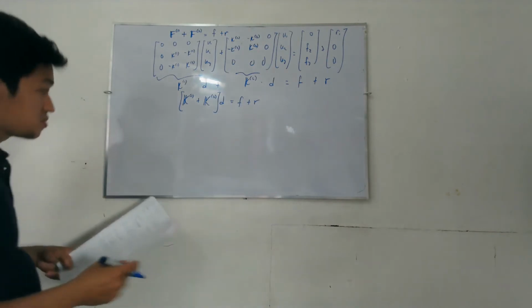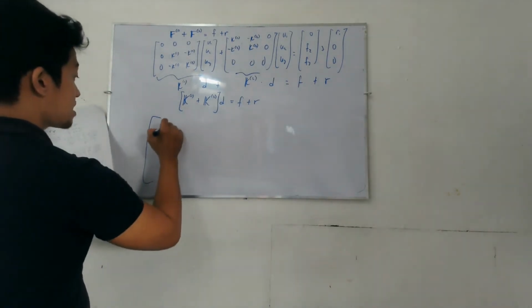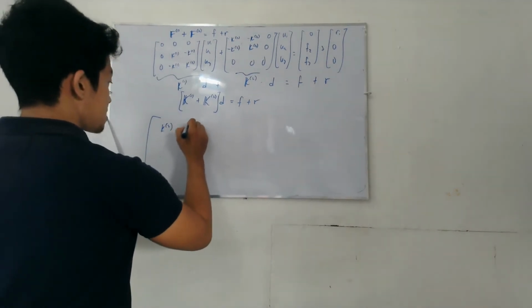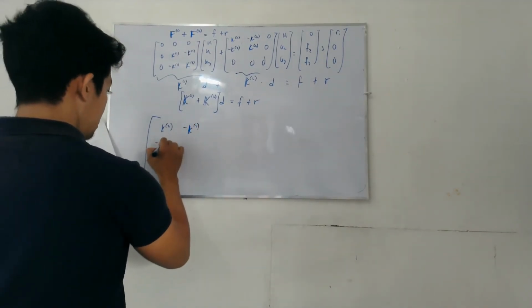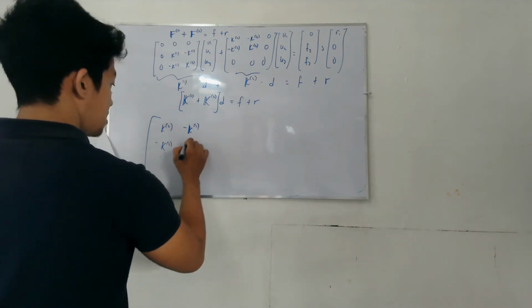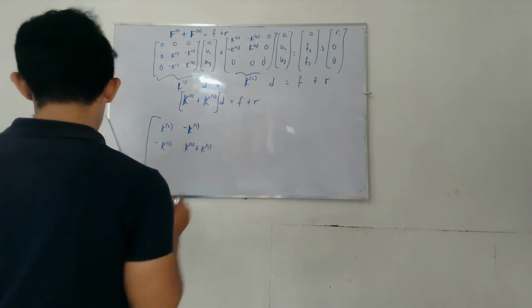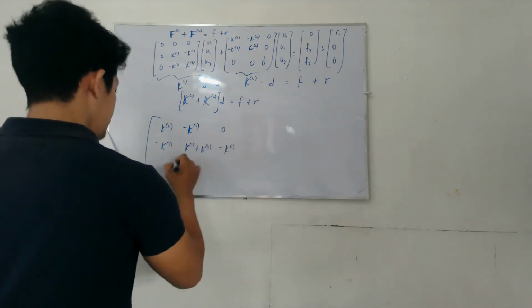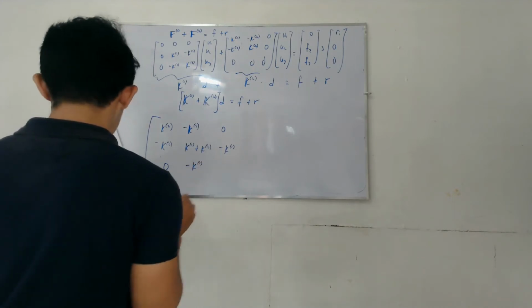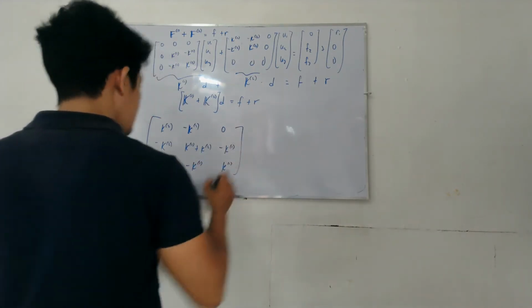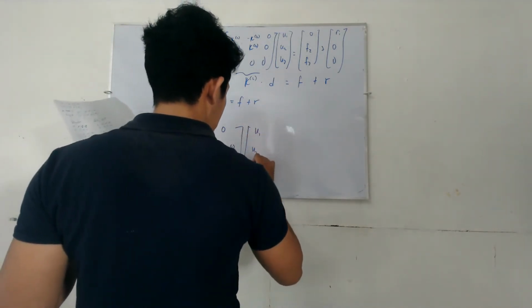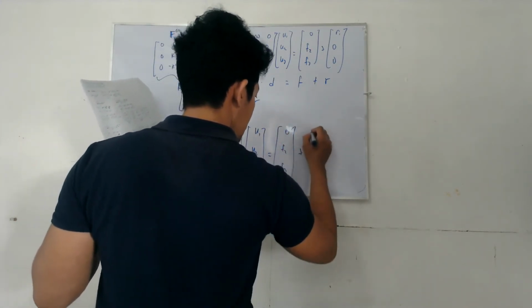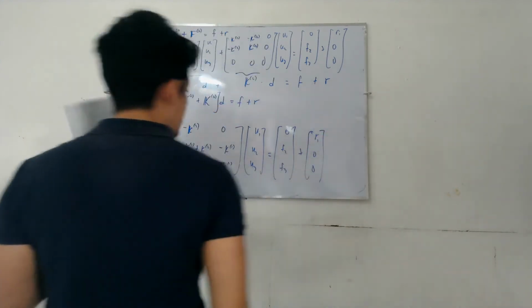Okay. Simplifying, when you add, you add the corresponding components. U1, R1, 0.